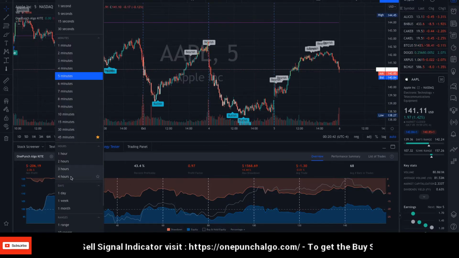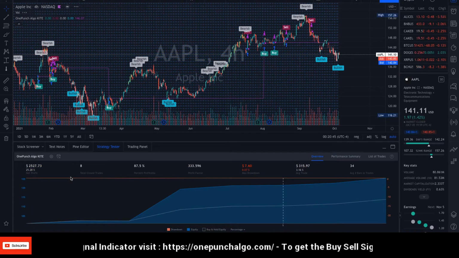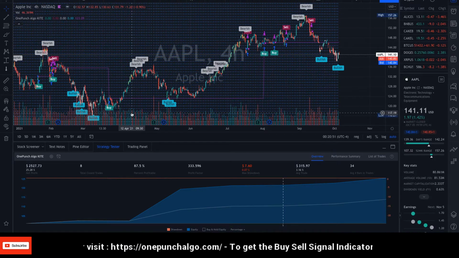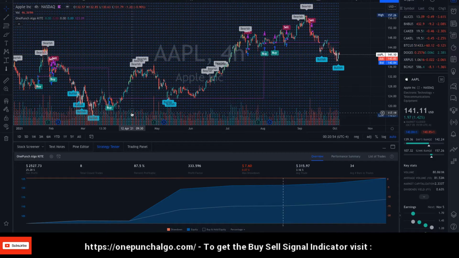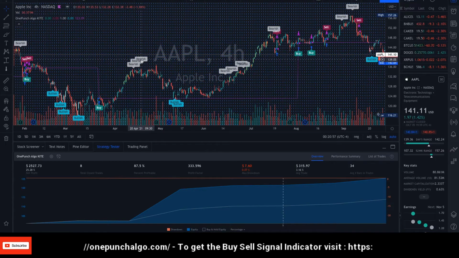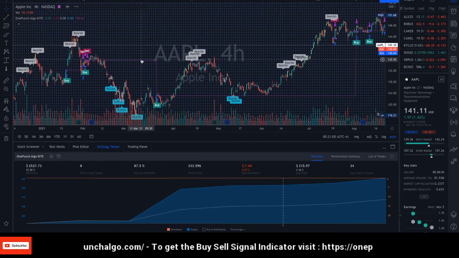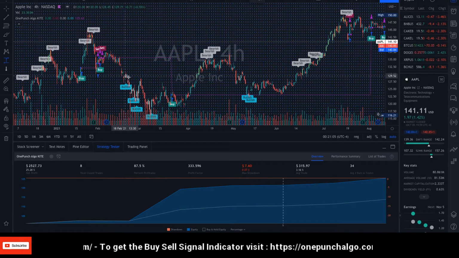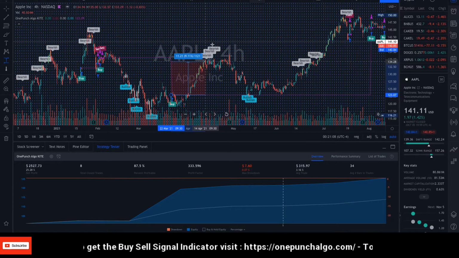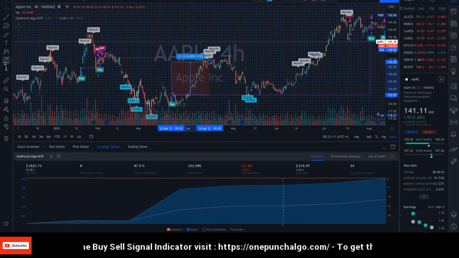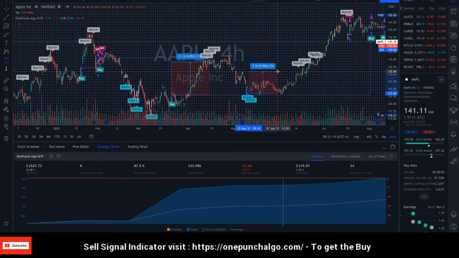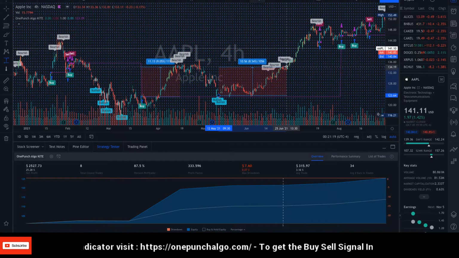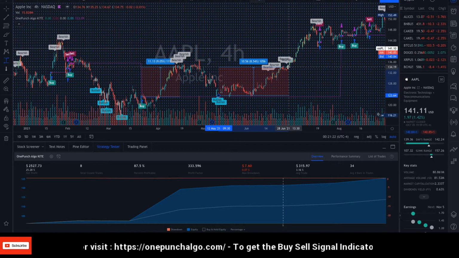Okay, so 4 hours, for long-term traders, this looks actually awesome. So you can utilize these bearish signals to further make more money or increase your percentage. As you guys can see, let's say you buy here, you sell because there are 3 bearish signals, you buy back here because there are 2 bullish signals, and you see a couple of bearish signals back to back.